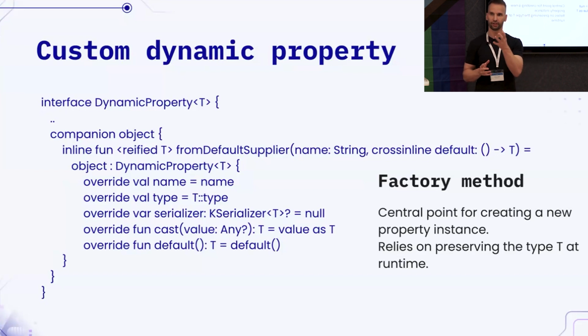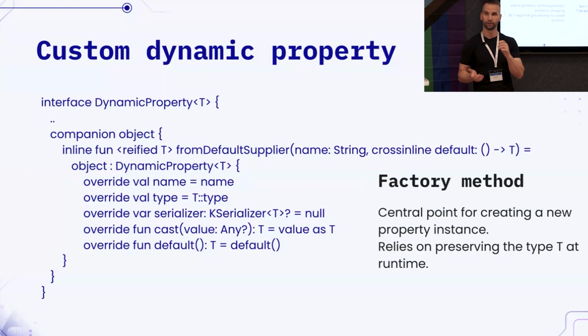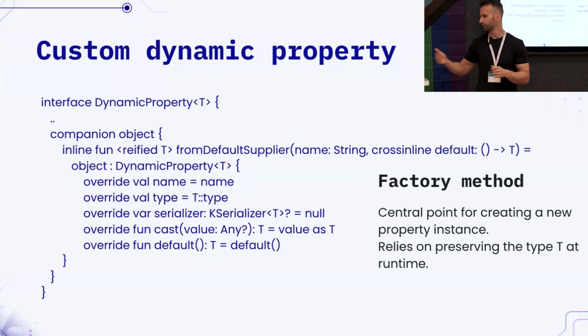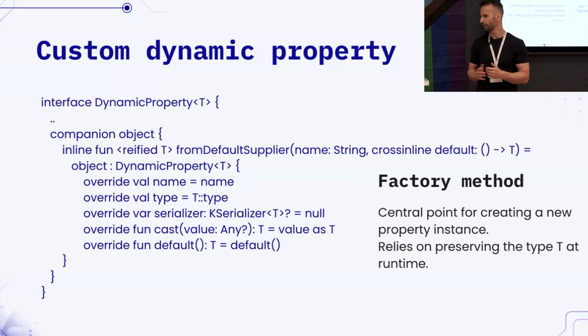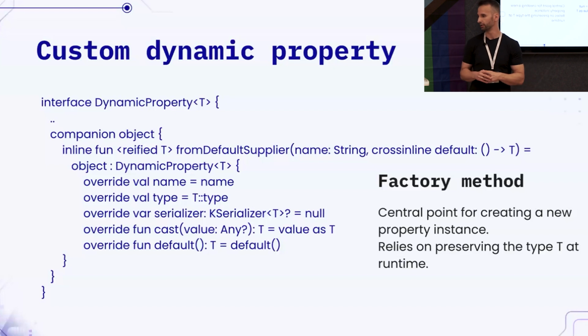Thanks to inlining and reification, I can now refer to T as if it was a normal class. So I can now enforce that the type is essentially of type T. And as you can see, the cast operation is pretty clunky. If the value is not of type T, an exception will be thrown, which is handled later in my code.